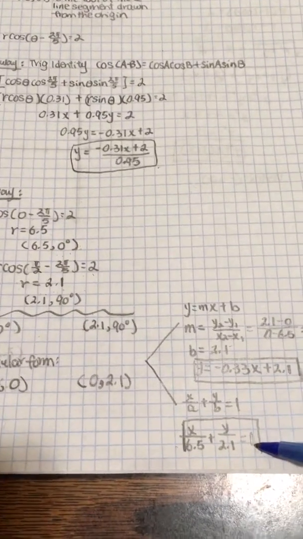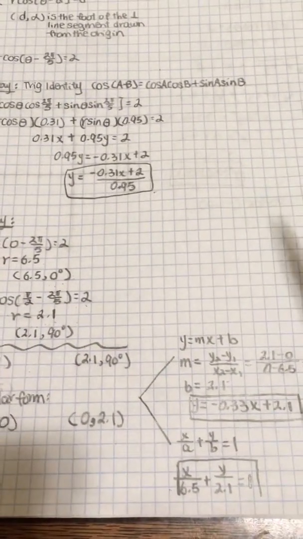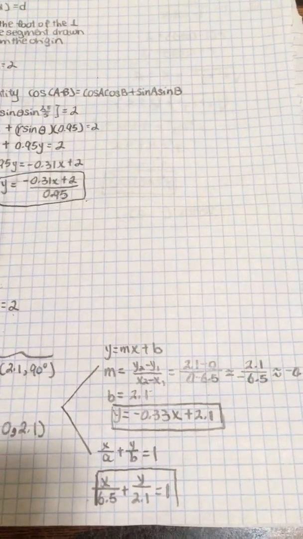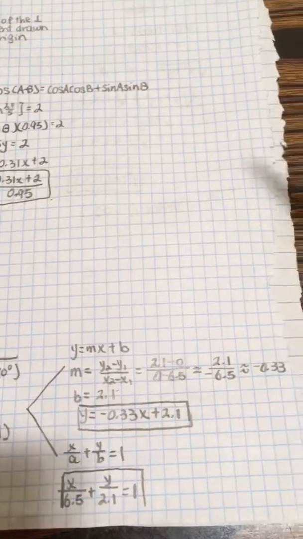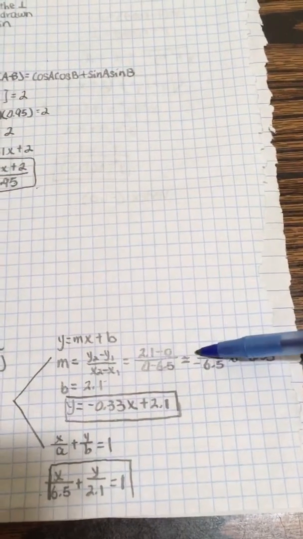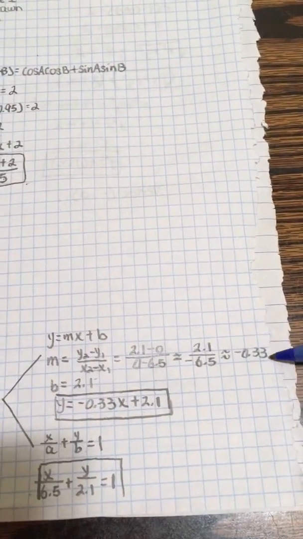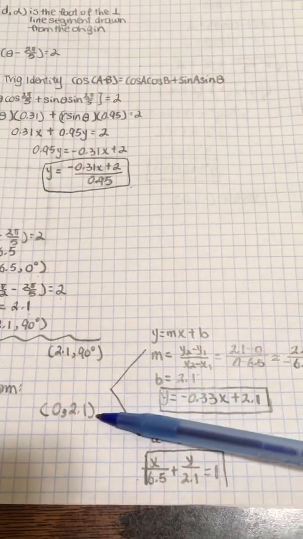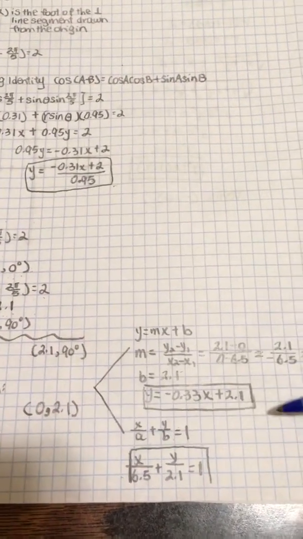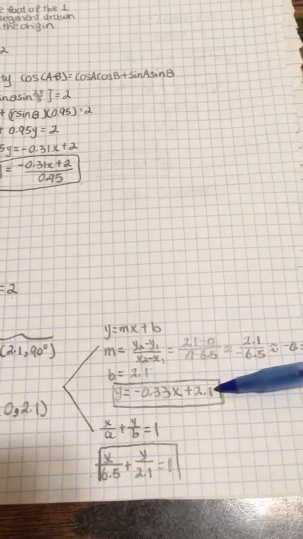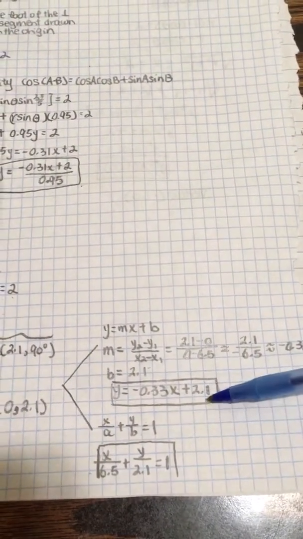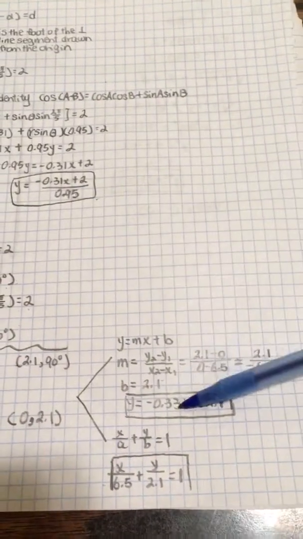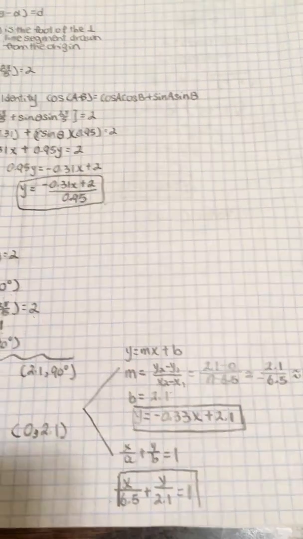So this is the equation. Another way to do it is, since you are given 2 points, you can use the slope formula to find the slope, and then since you already know the y-intercept, which is 2.1, you can substitute these two values into y equals mx plus b, and these two equations should be exactly the same.